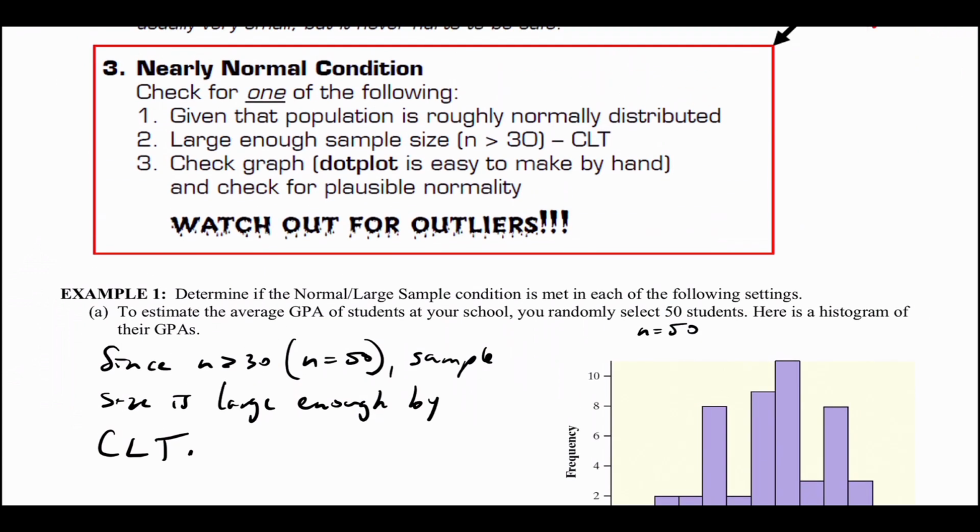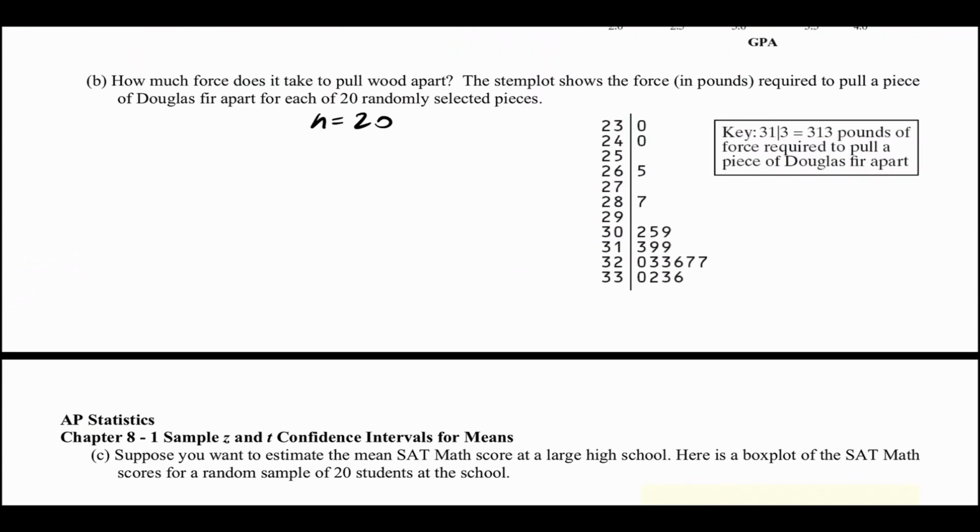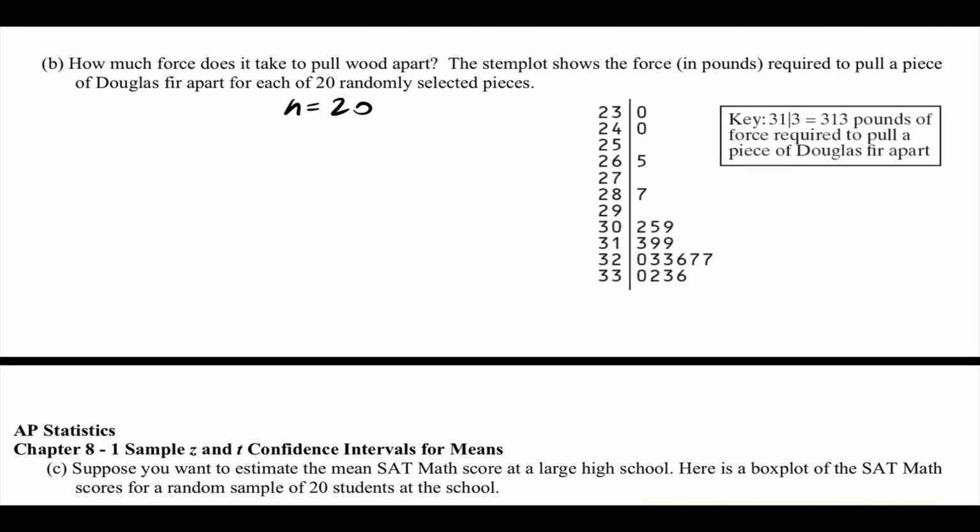It doesn't say anywhere in the prompt that the population is normally distributed. Our sample size isn't big enough. So the last thing we have to do is check the dot plot to see if there are any outliers. Are there any outliers?